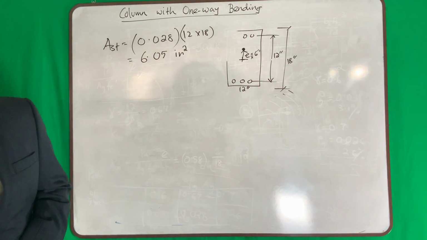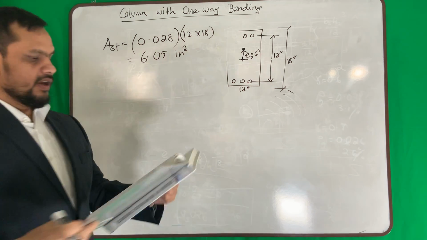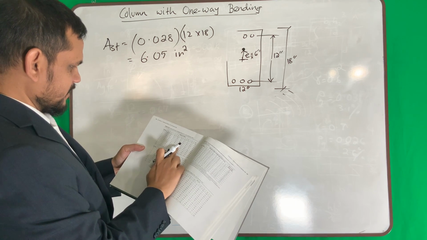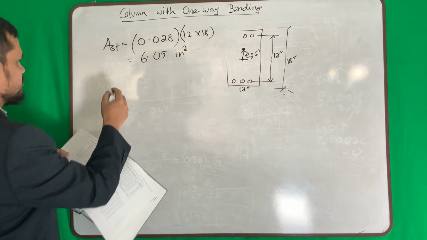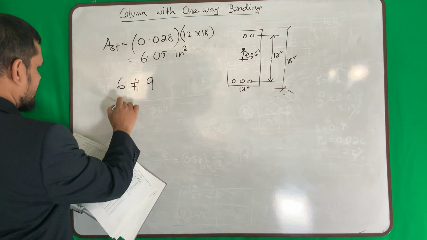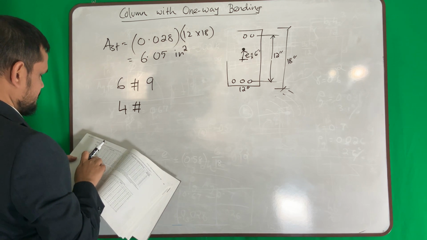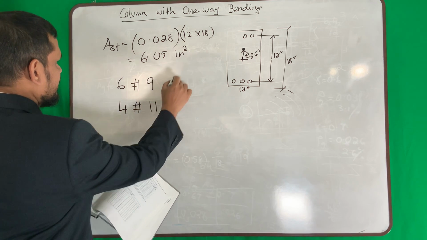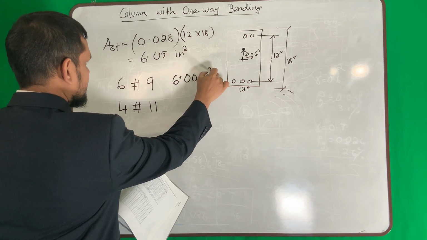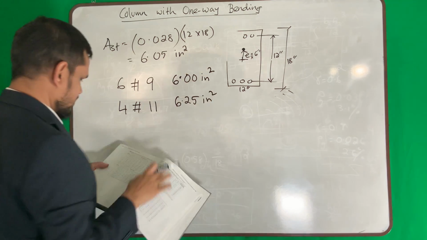Now choose bars from Table A4 for 6 inch square. I can choose 6 number 9 bars, or I can choose 4 number 11 bars. One is giving me exactly 6 inch square, the other is giving me 6.2 inch square.